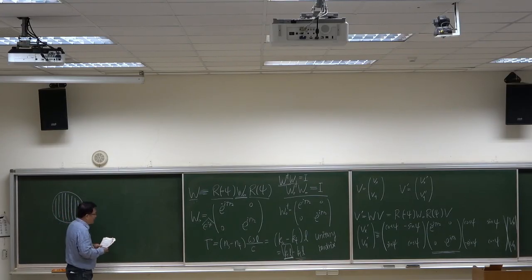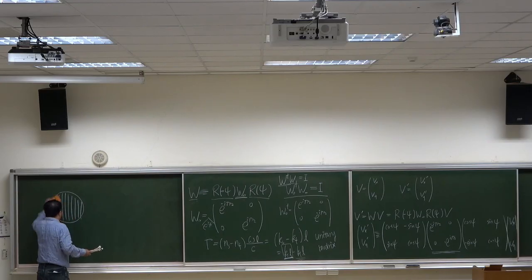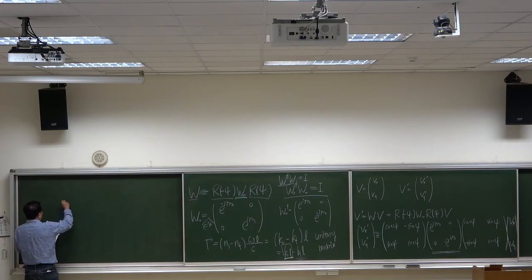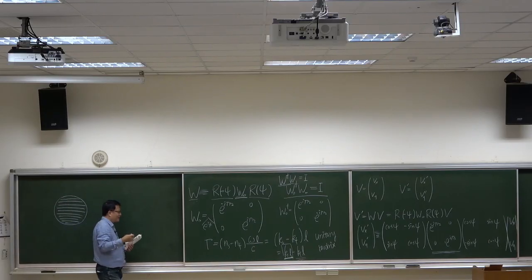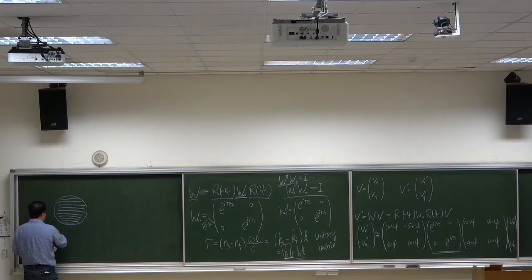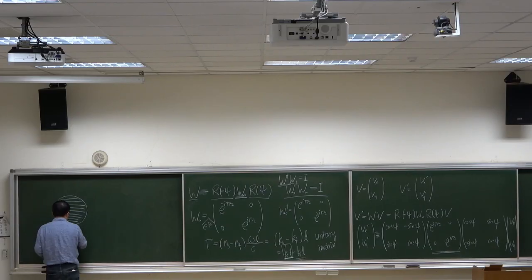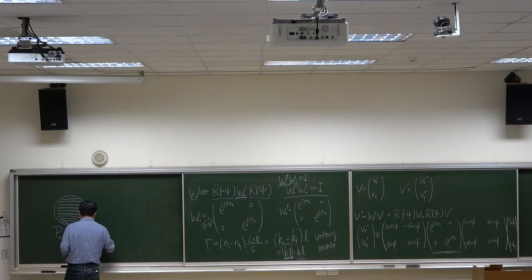So if we consider this property, we can say, if the polarizer allows the x component, the x polarization of the wave to penetrate through it, then we can denote it as Px and represent it by 1, 0, 0, 0.